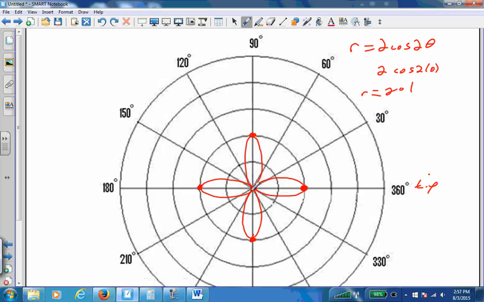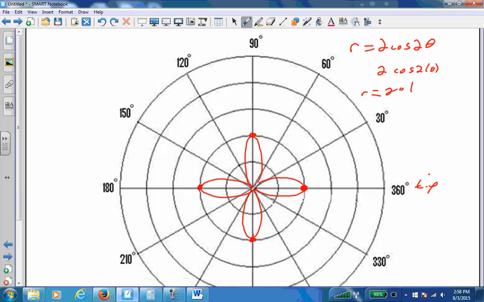So that's a 4-petal rose. That corresponds to this graph. The first tip occurs at 0 degrees, and it has a radius of 2. Since this is 2, then we have twice that many petals, so 4 petals.